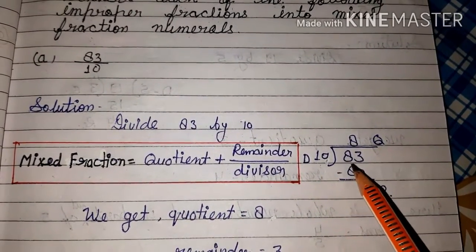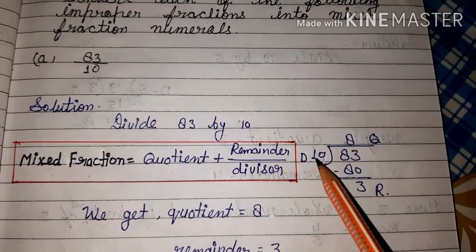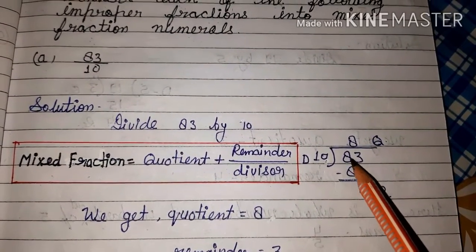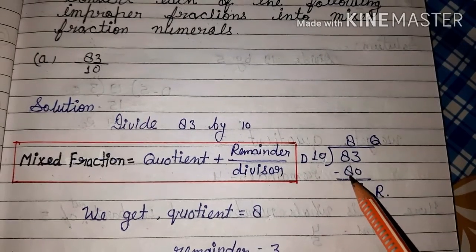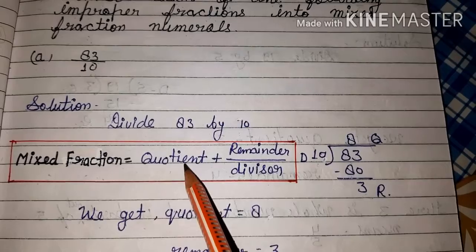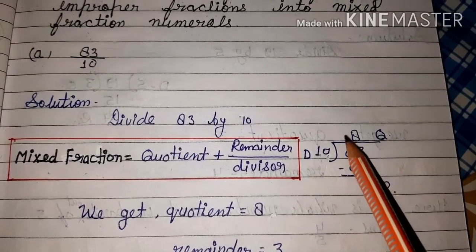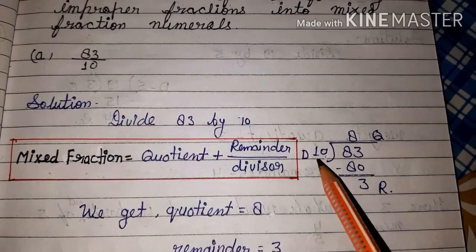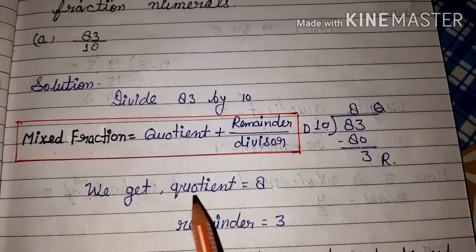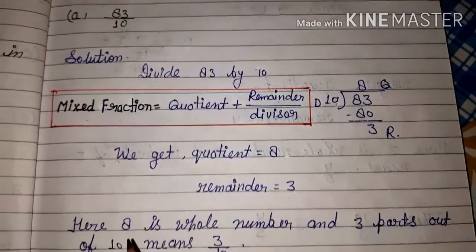So let's divide 83 by 10. 10 eights are 80, subtract 83 minus 80, the remainder is 3. Mixed fraction is equal to quotient, remainder and divisor. This is the quotient, remainder and divisor. We get quotient equal to 8, remainder 3.